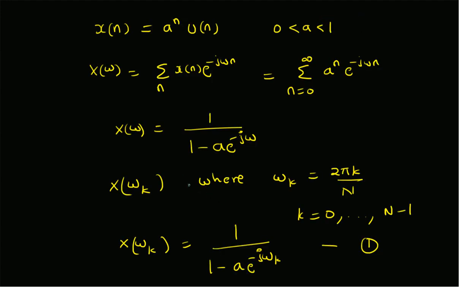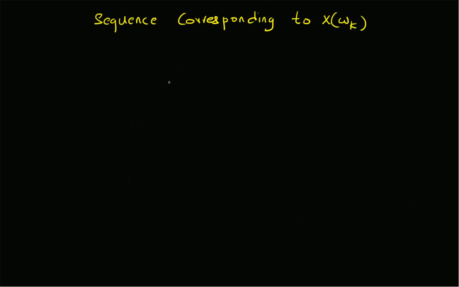Since we applied frequency domain sampling, that is, instead of continuous values of omega, we have discrete values omega k with k equal to 0 to N minus 1 and omega k given by 2 pi k by N, the corresponding time domain sequence is given by xp of n, which is a periodic sequence. It is defined as summation over all values of L of x of n minus L N. It's like a folded version of x of n, or an aliased version of x of n.